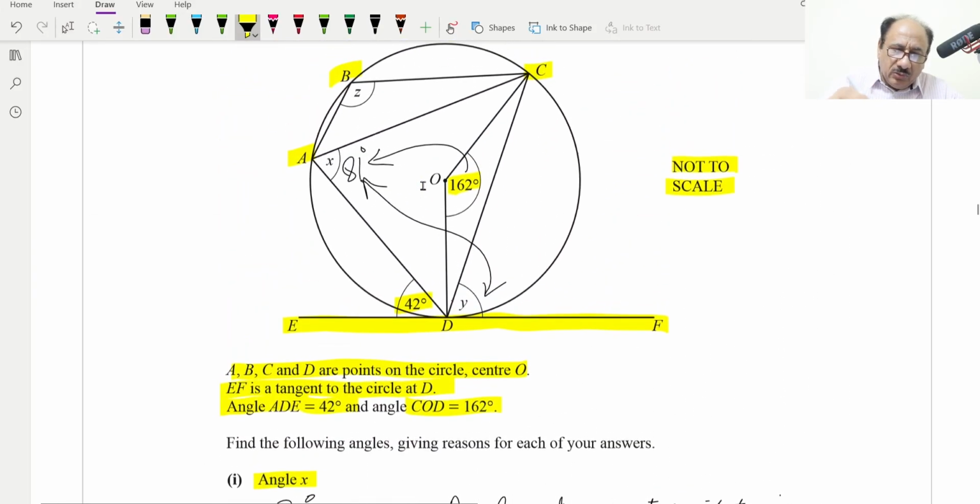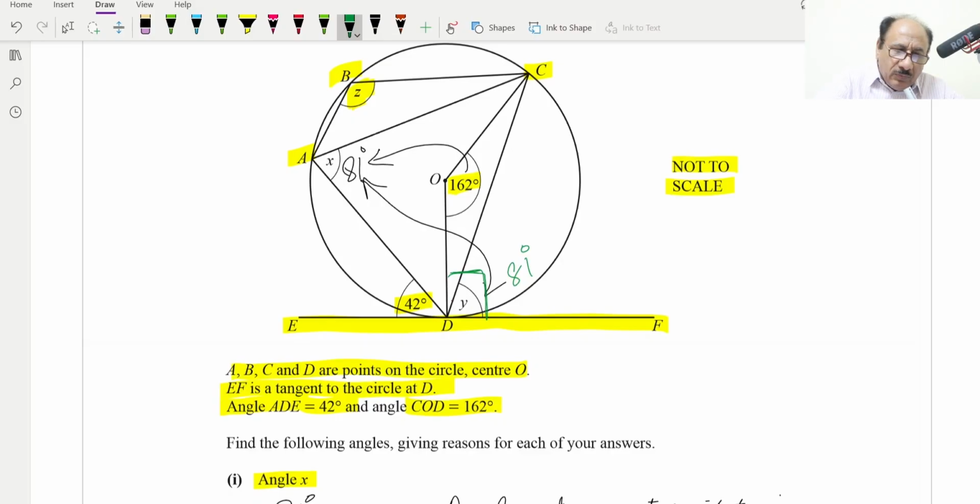Z is over here, and now we can calculate angle Z. How will we figure out angle Z? We can calculate some angles, and this one is 81, which we figured out. And now this one is 90 degrees because this is tangent and radius.